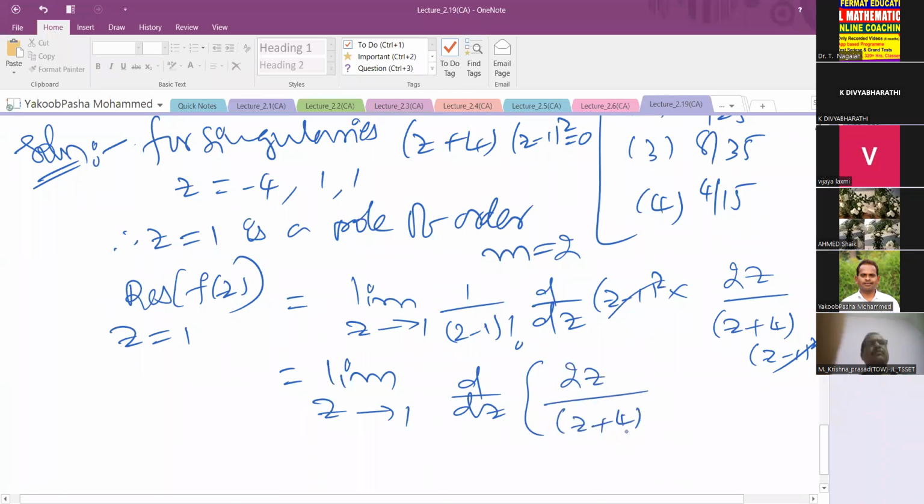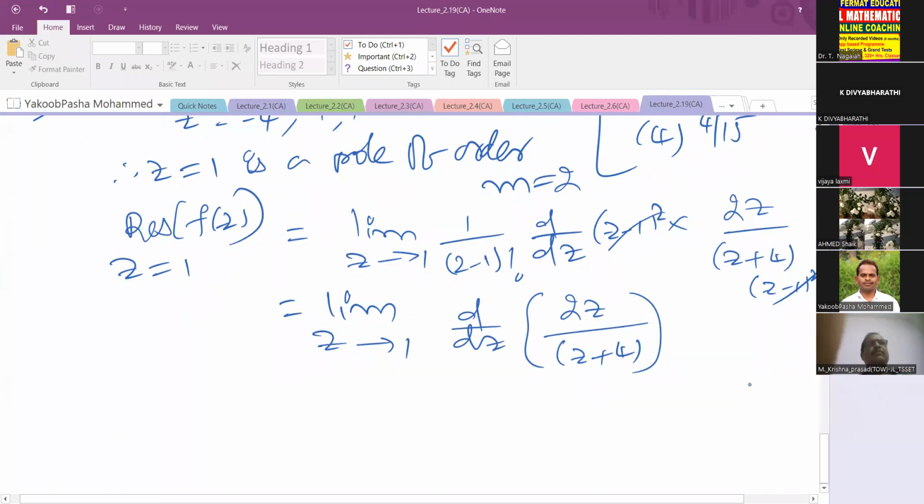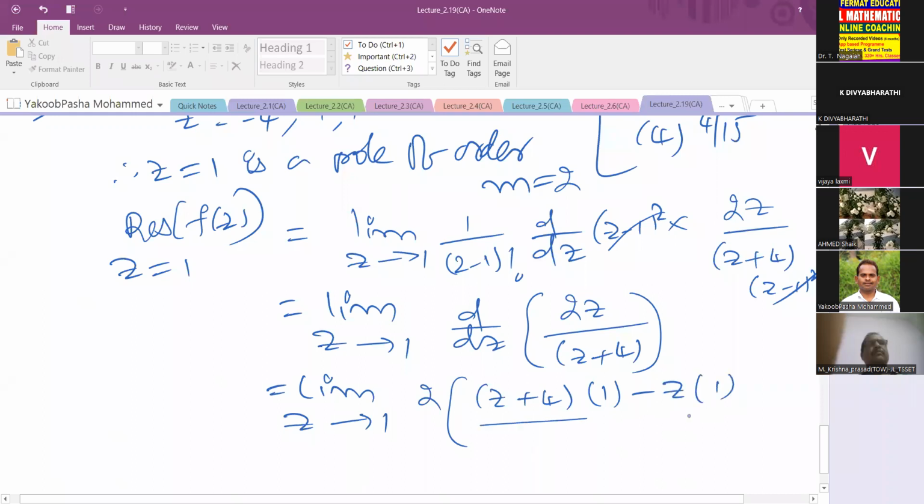We have to differentiate this fraction with respect to z using the u by v formula. Limit z tends to 1, 2 into (z plus 4) into derivative of z which is 1, minus z into derivative of (z plus 4) which is 1, so 1 into z is z. In the denominator, (z plus 4) whole square.